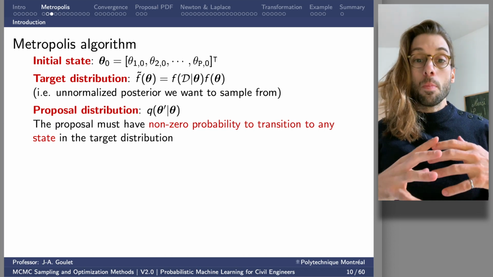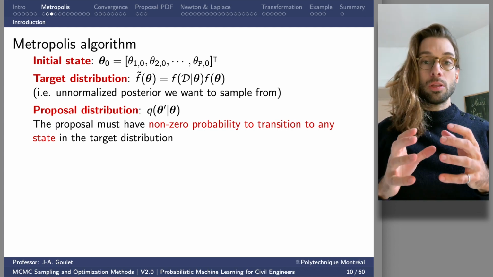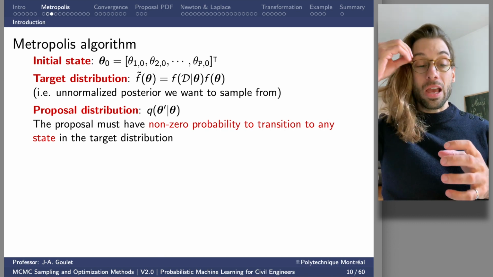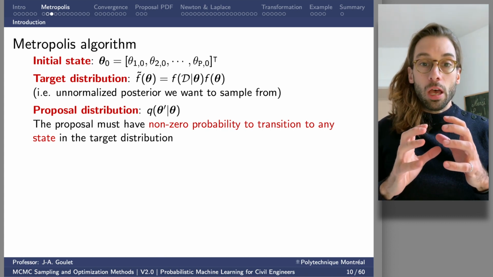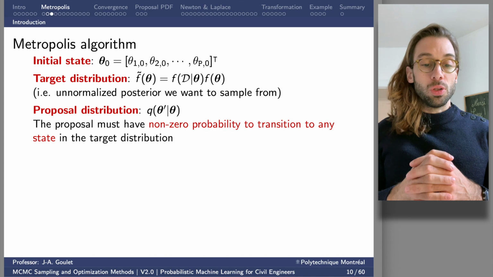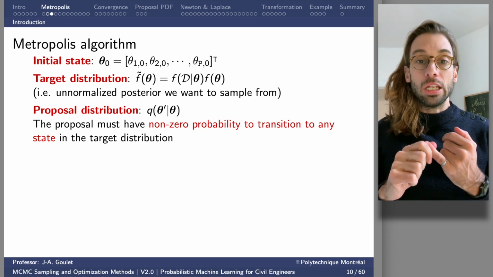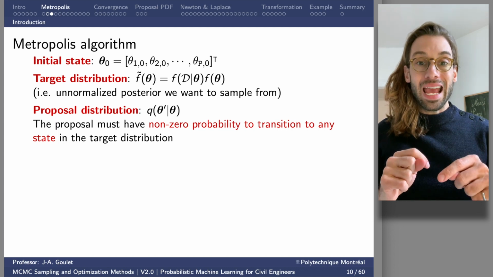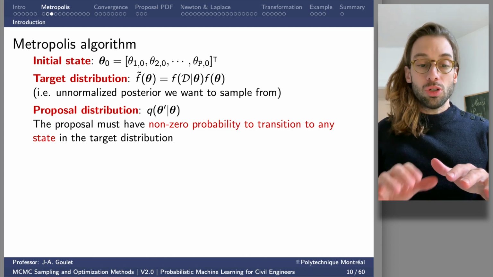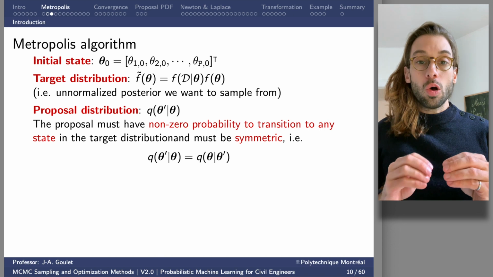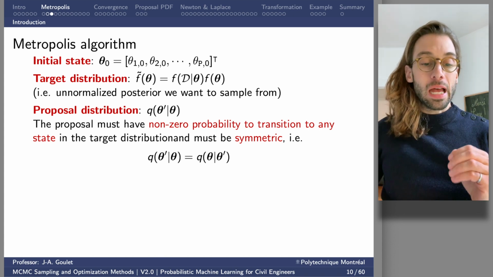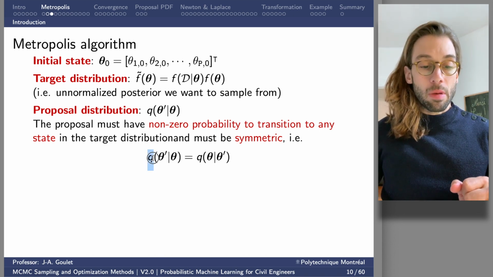Then I need a proposal distribution. That distribution will control my random walk. The characteristic of this proposal distribution is that it must have a non-zero probability to transit to any state in the target distribution, and it must also be symmetric. Q is going to be my proposal distribution.